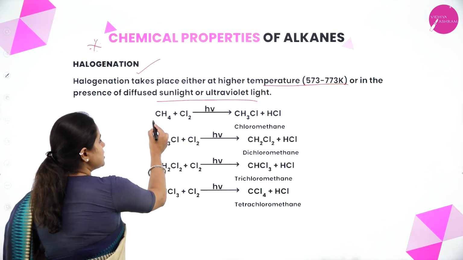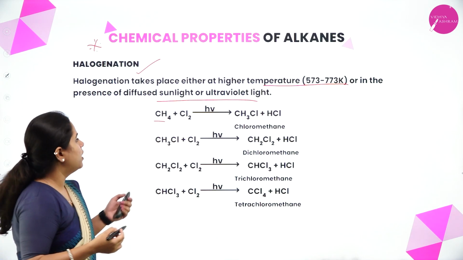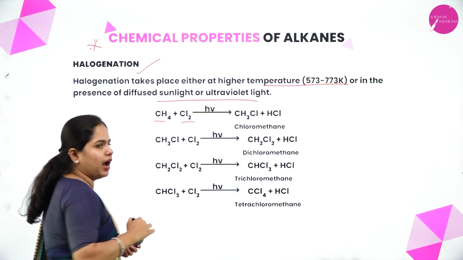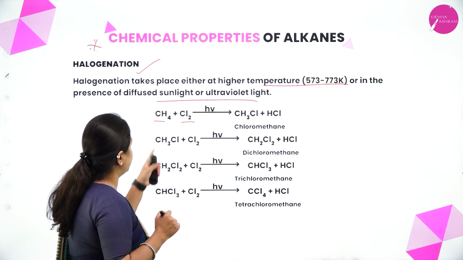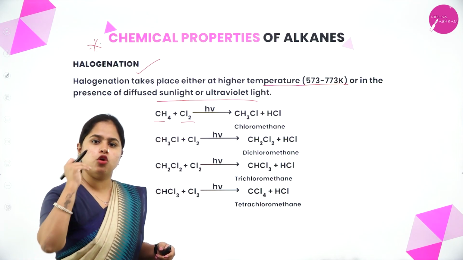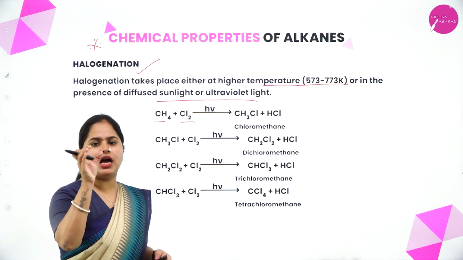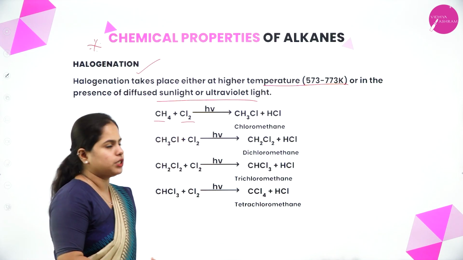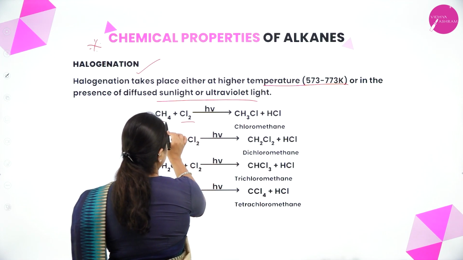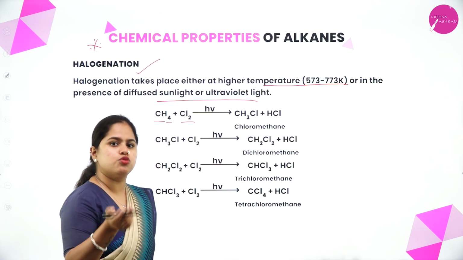Let's take the simplest alkane, that is methane. First, we are going to add halogen to it, chlorine in this case. Specifically, whichever halogen we add, we can call it by that name as well, so here we are going to do chlorination. One hydrogen will be substituted by chlorine.